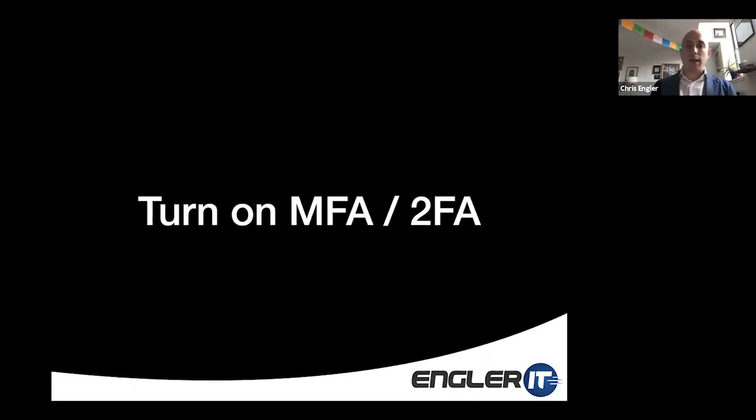There's MFA and 2FA, that's multi-factor authentication and two-factor authentication. The terms are typically used interchangeably. When you go to sign into your account and someone texts you a code or you get a code emailed to you and you have to plug in that code, it's just another way of verifying who you say you are, and it adds another layer of security to your account. So if you have that available, turn that on.